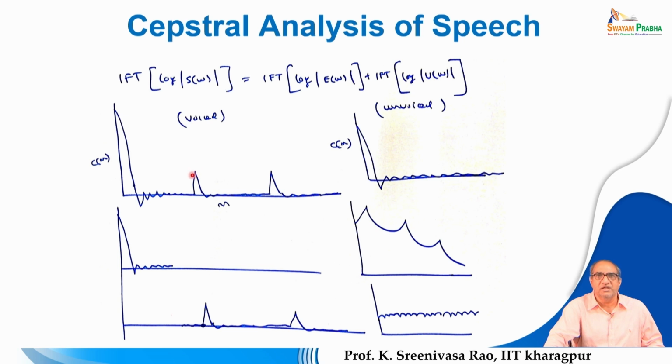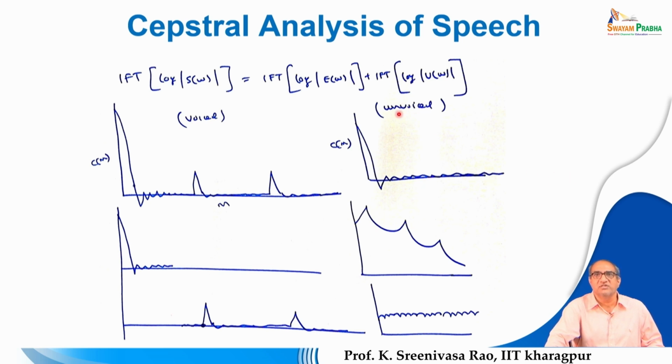Suppose you perform a similar analysis for an unvoiced segment, you can see that the cepstrum signal is observed to be like this. The initial part corresponds to the vocal tract information of the unvoiced segment, and the rest corresponds to the excitation part.